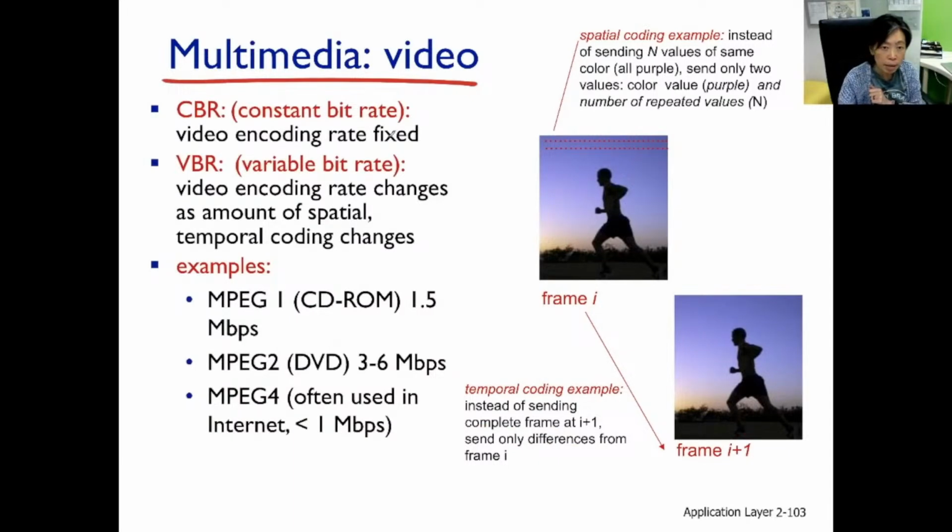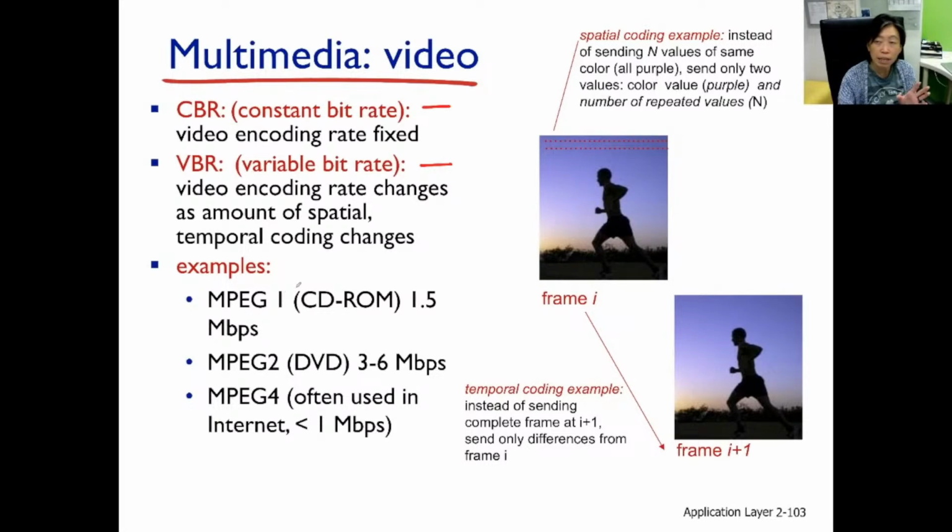As for the coding schemes, the really old ones, those from decades ago, are constant bitrate coding. Because the number of bits used to represent each pixel is fixed, the number of pixels per image is fixed, and the number of images you take per second is also fixed. Therefore, the number of bits you're sending out is also fixed. Nowadays, the coding is variable bitrate.